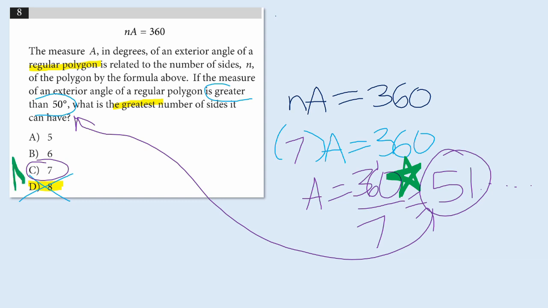And then I don't have to bother looking at 5 and 6 because 7 is the greatest number of sides that works. Always look at clues like we did here. Words like greatest, which are superlative words, tip me off to the strategy of testing the largest value and then working through the list as needed.